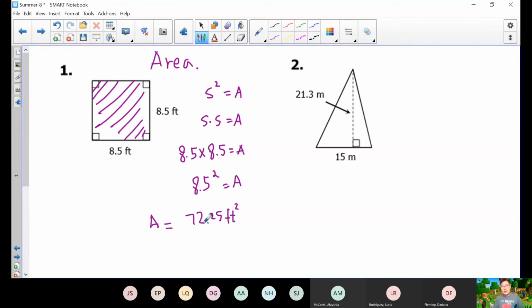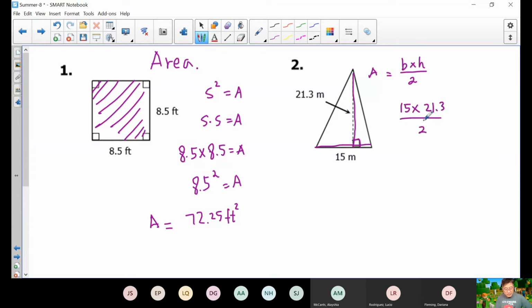72.25. Anybody know the triangle area? How to find? Formula is right. Base times height divided by 2. That is area. So base and height always with this right angle, perpendicular to each other. Base 15 times 21.3 divided by 2.